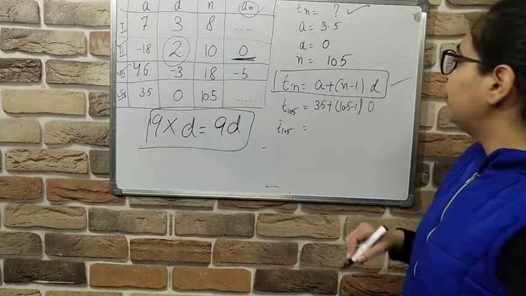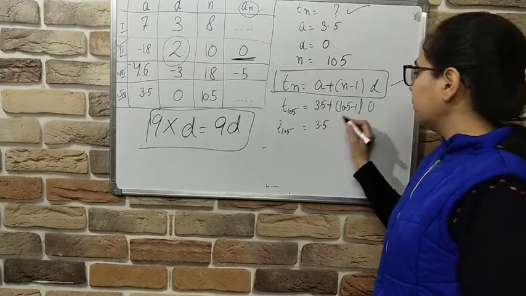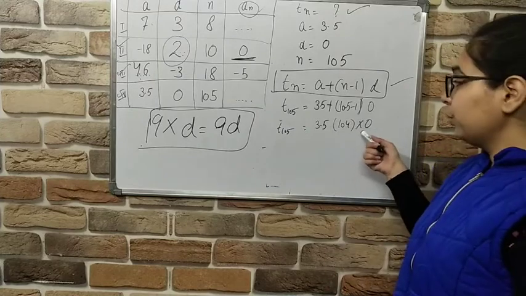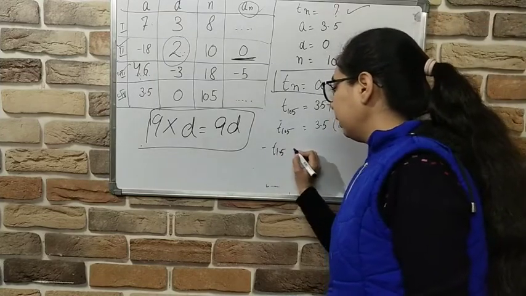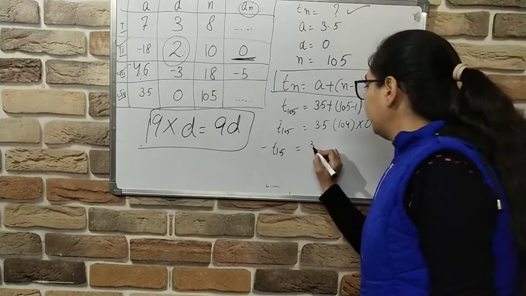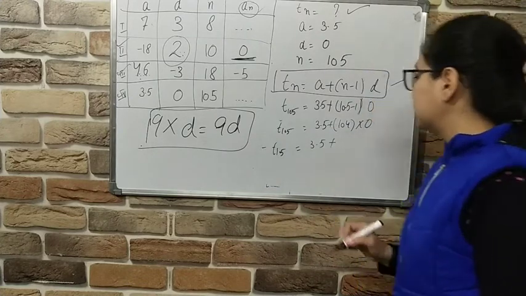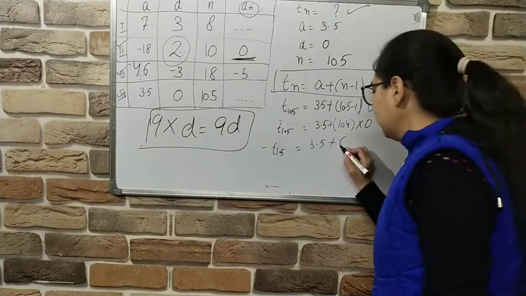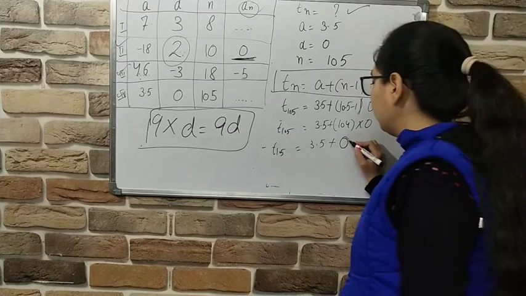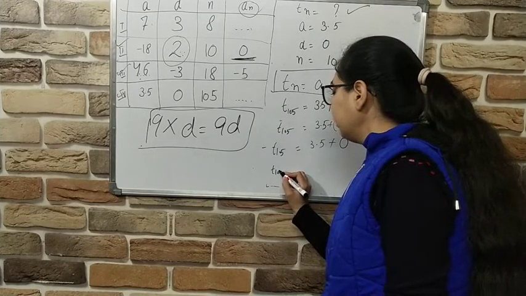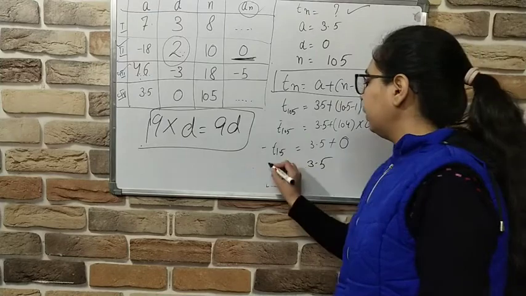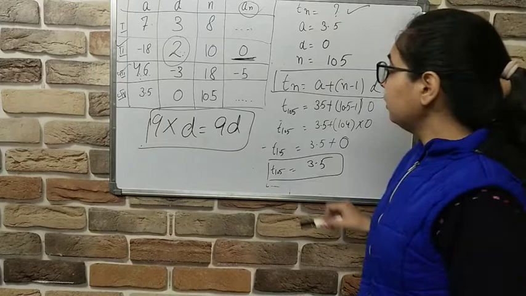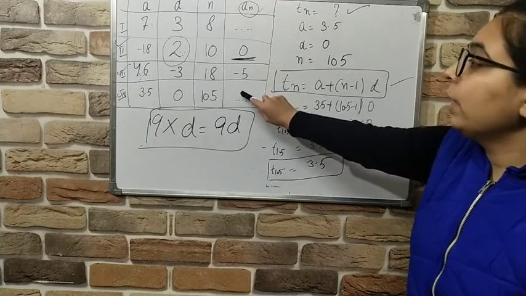T105 is equal to 3.5 plus 104 into 0. Something multiplied by 0 is also 0. So the value of T105 is equal to 3.5. Is it clear? We have found the value of An over here.